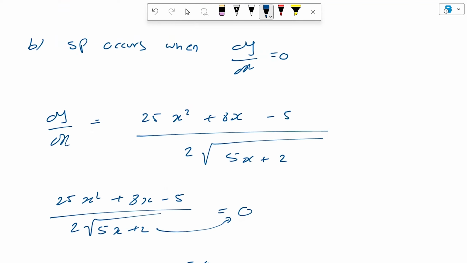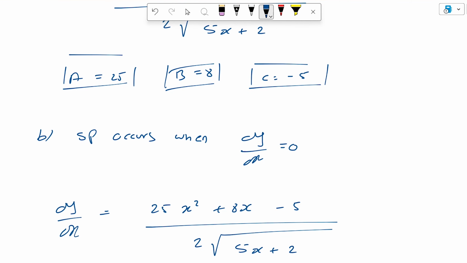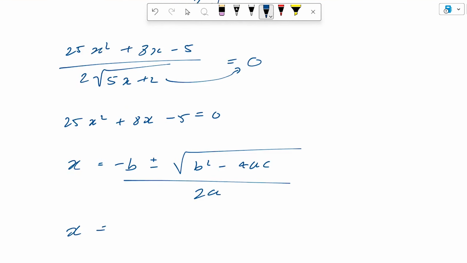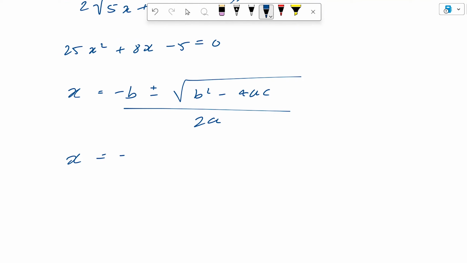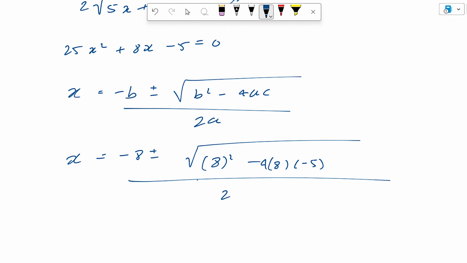We've already gotten our a, b, and c over here, so just plug that in. So minus 8 plus minus square root of 8 squared minus bracket 4 times 25 times minus 5 over 2 times 25.